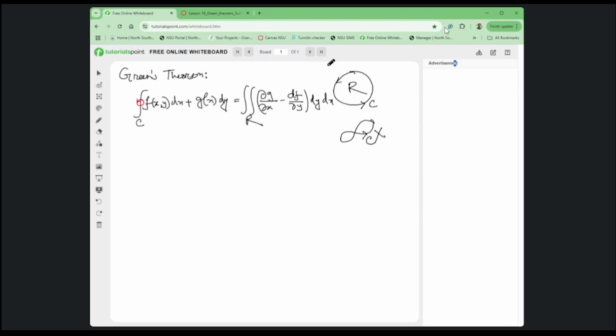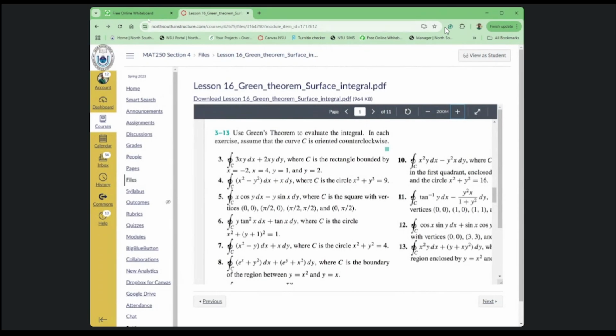That's why we call it a simply connected domain, a simply connected space or domain. Okay. Now we come to exercise 15.4, number 3.